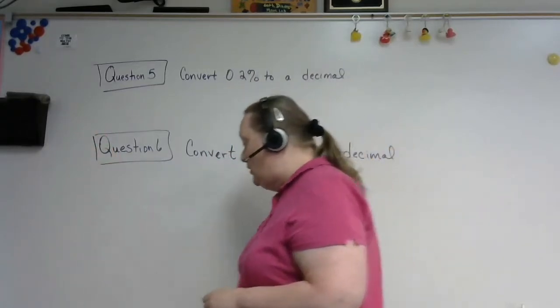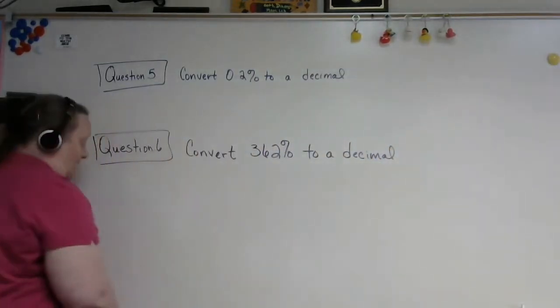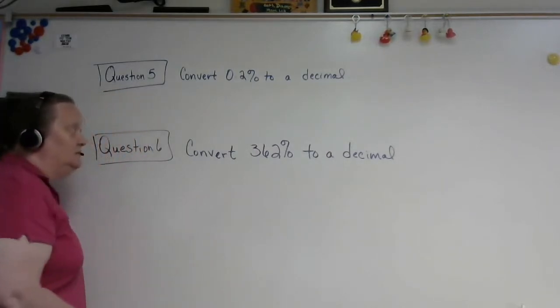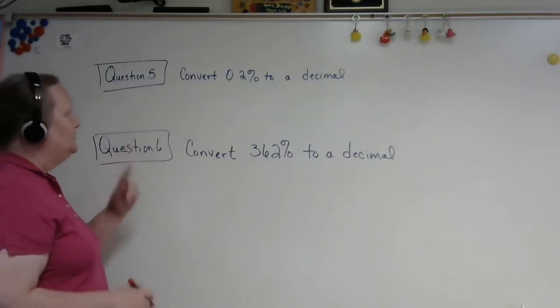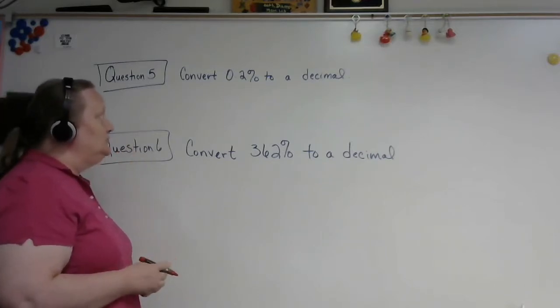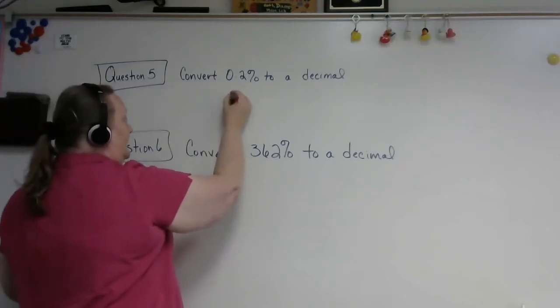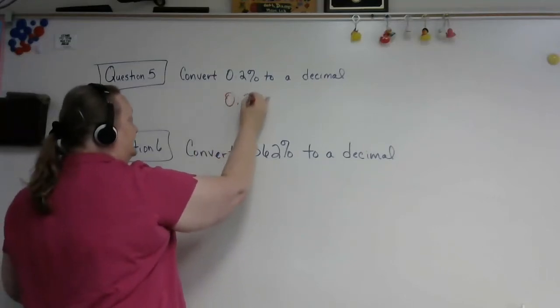And in this case, we're going to be converting our percents to decimals. So we're going to convert 0.2% to a decimal. So we will write the number part of our percent down.